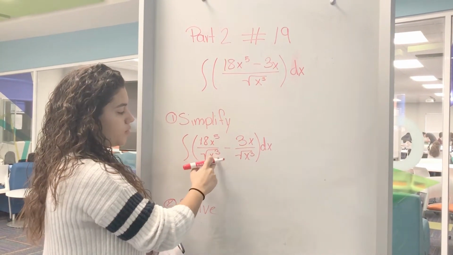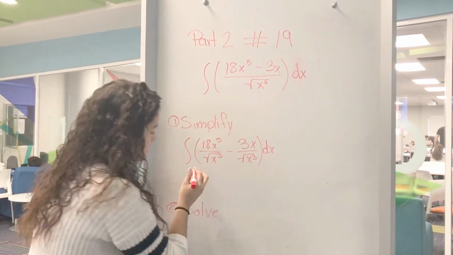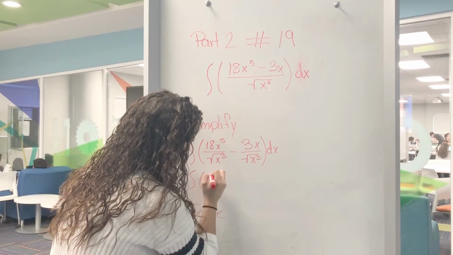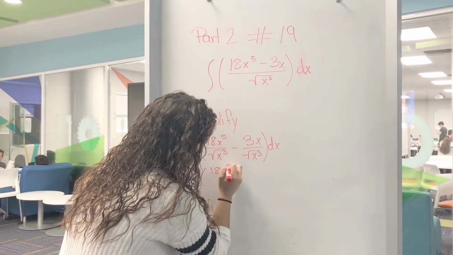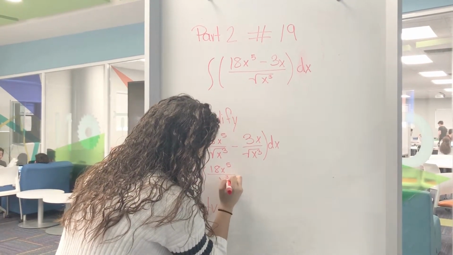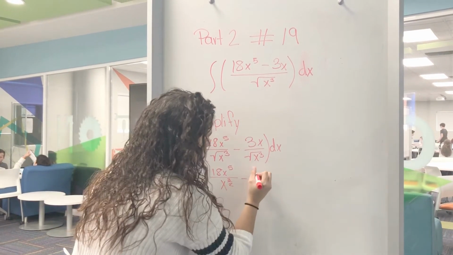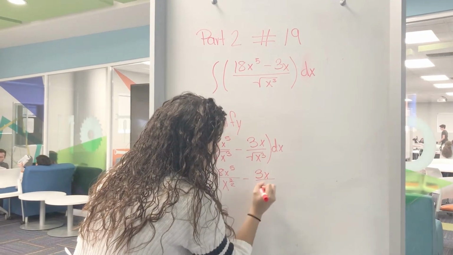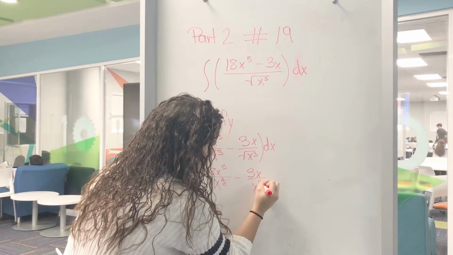So in here we're able to simplify more, which is going to be 18x to the 5th power over x 3/2 minus 3x over x to the 3/2.